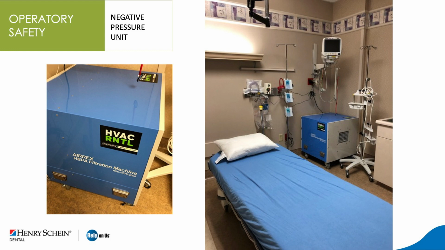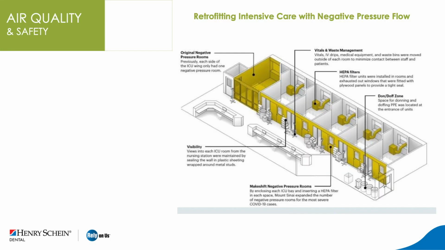But hospitals also have mobile negative pressure units that can be used when demand surges. And you can see one of these units in the image here on the screen. These mobile units have been used with great effectiveness very recently.